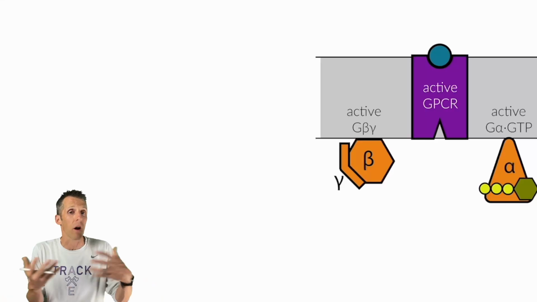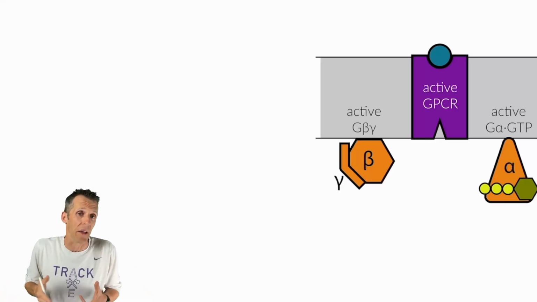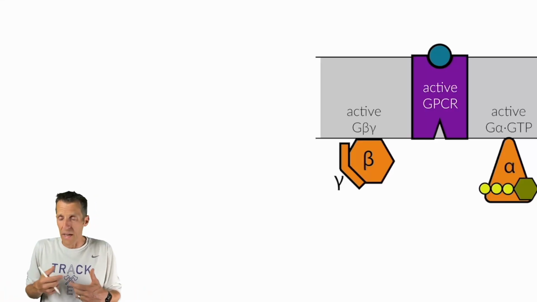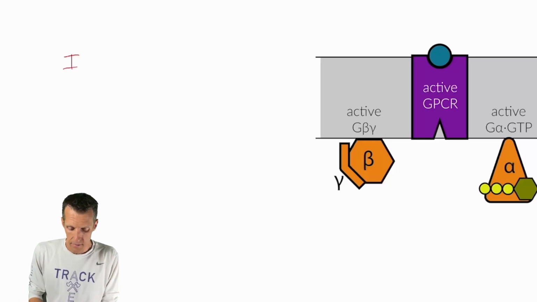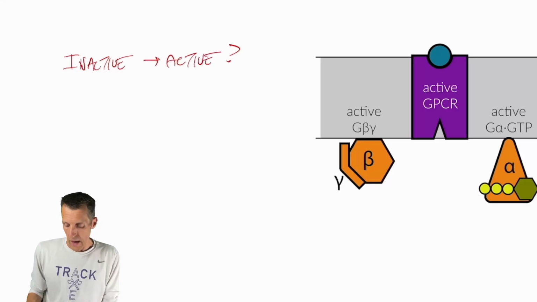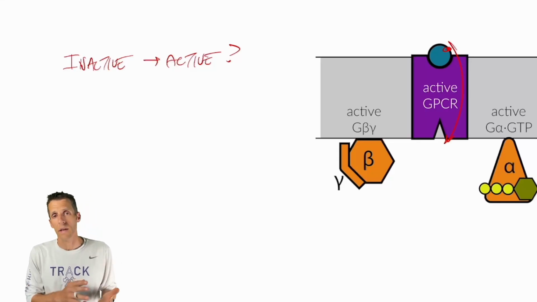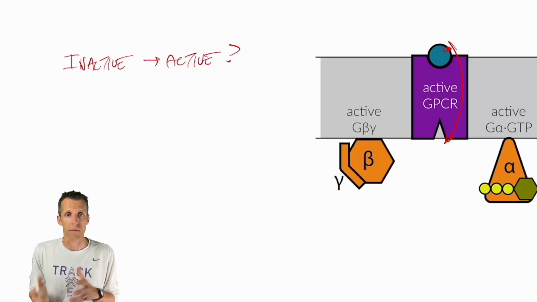But these proteins wander off and signal, hey, something bound at the receptor. And the part I'm going to focus on for right now is just that inactive to active part, right? How does information come from up here and go down inside? How does that transition happen from these two different conformations?